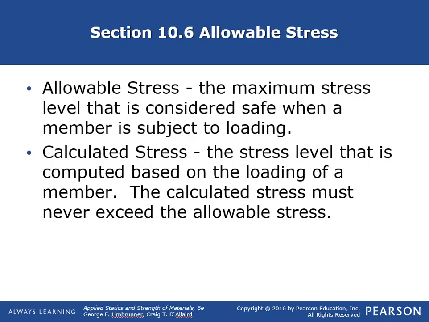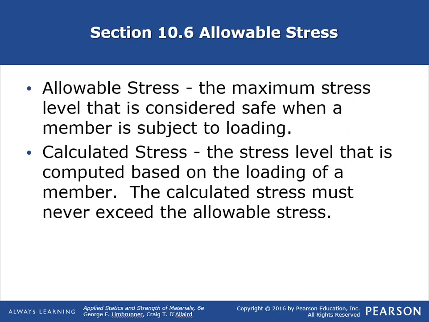Let's talk about allowable stress versus calculated stress. In design problems, we will have an allowable stress. That's the maximum stress level that is considered to be safe when a member is subject to loading. Typically in a design problem, you'll be given an allowable stress, and then you'll have to calculate, say, how thick a member needs to be to handle that load within that stress level.